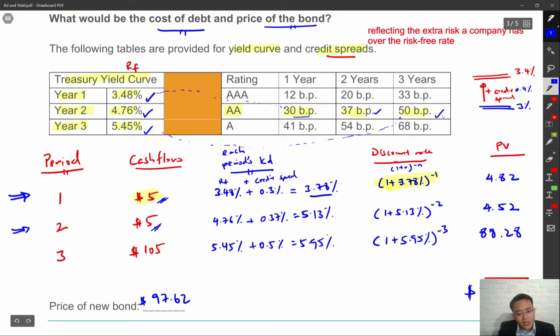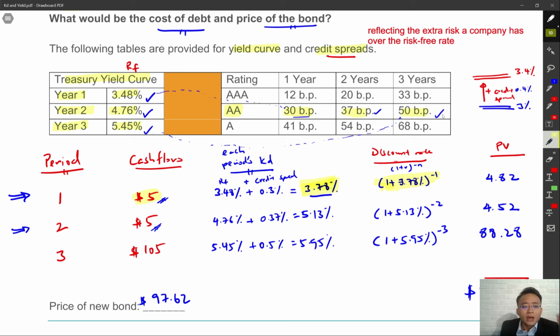If my boss asks me, what is the cost of debt? I would have to say, boss, I can't give you a single number, but I can give you on a year-by-year basis. If we are talking about the first cash flow, where the investor has to wait 1 year, the investor, for waiting 1 year, will demand to earn 3.78%. That will be his cost of debt.